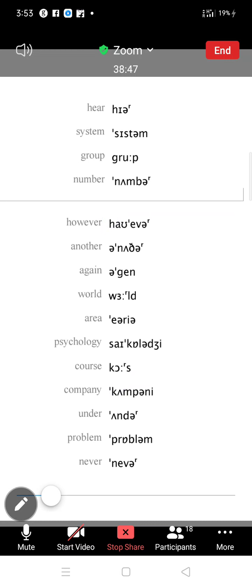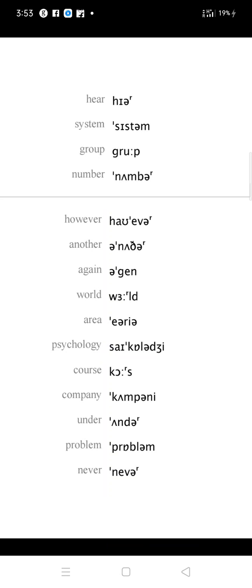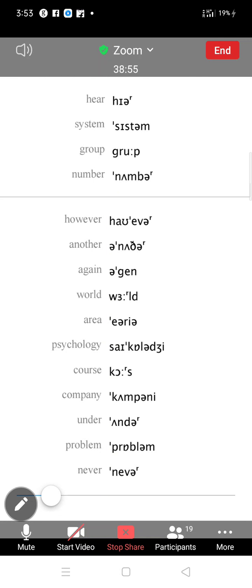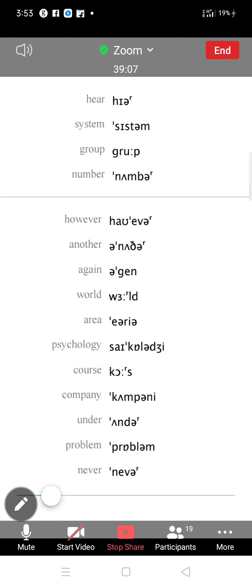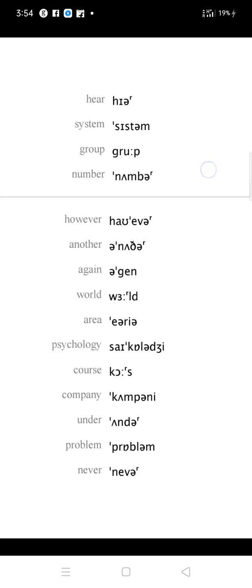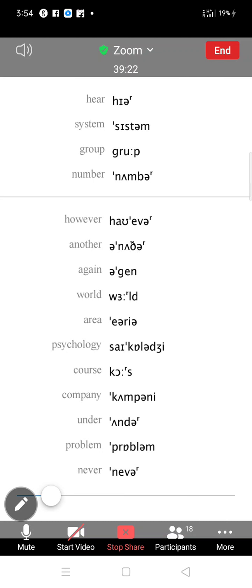Let's focus on the word again. Focus on the word again. How many sounds are there in this word again? Very good, Honey. Now tell me the sounds. The first sound is a.